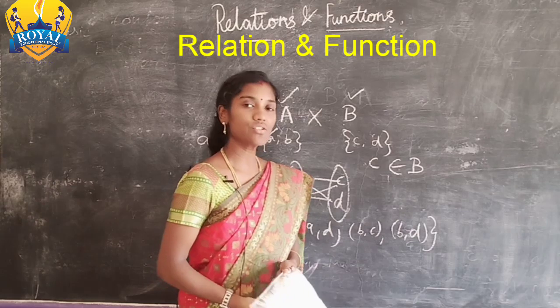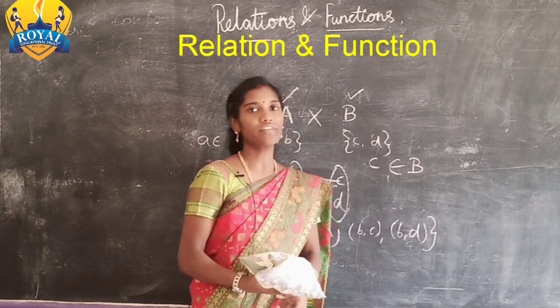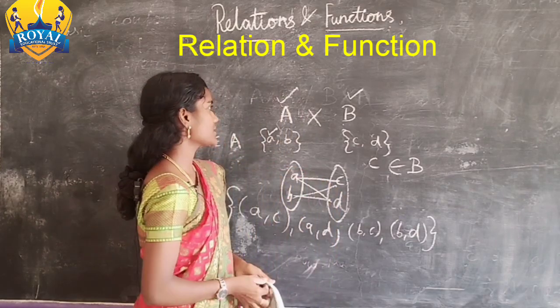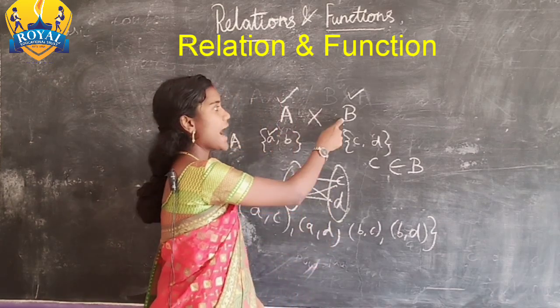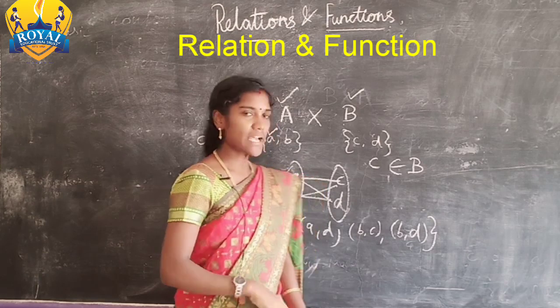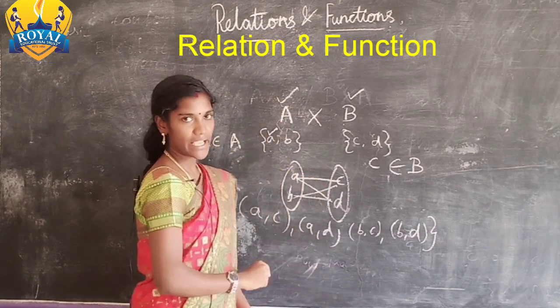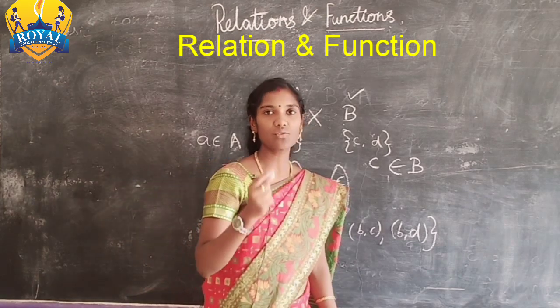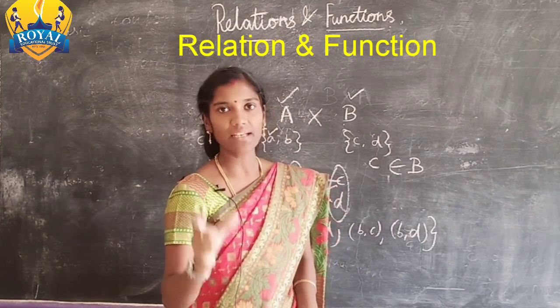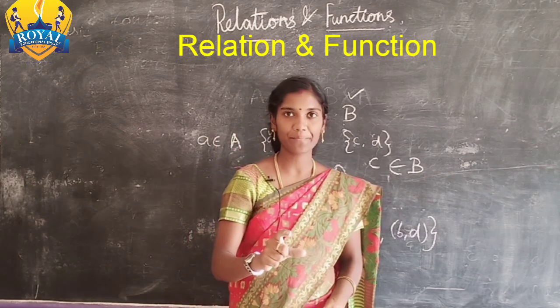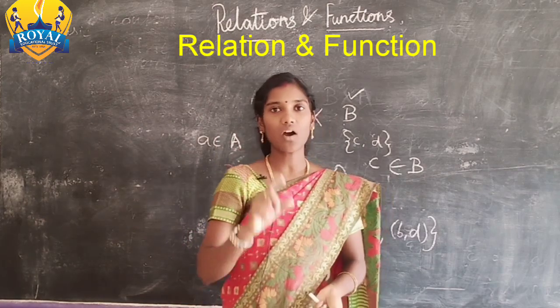Now I am going to tell the definition of the Cartesian product. For two non-empty sets A and B, such that a belongs to A and b belongs to B, it makes an ordered pair (a, b). It is called the Cartesian product.